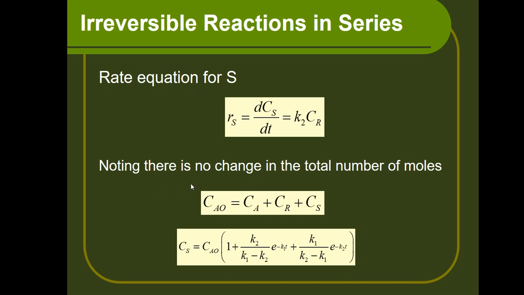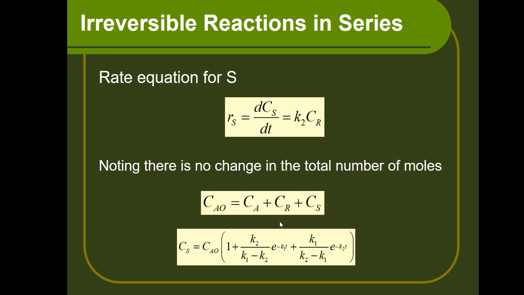And noting that there's no change in the total number of moles, just like in homogeneous catalyzed reactions, we have this. And if you have already the CaO known, and you have the values of the Ca and the Cr from the two previous formula, then you can solve C sub S.